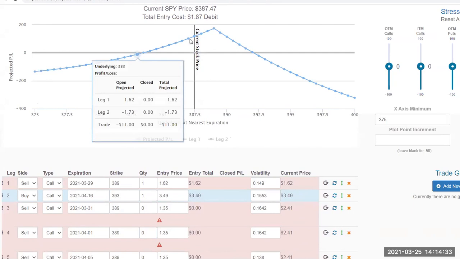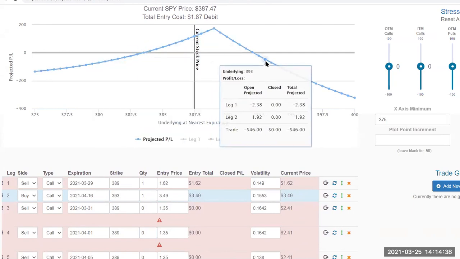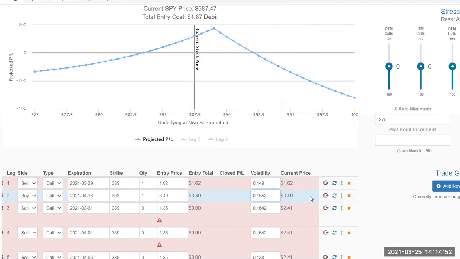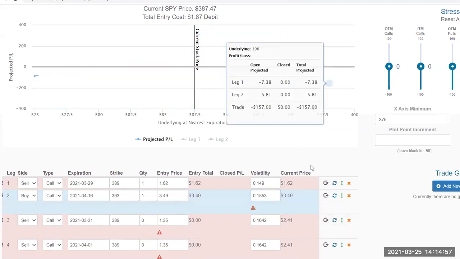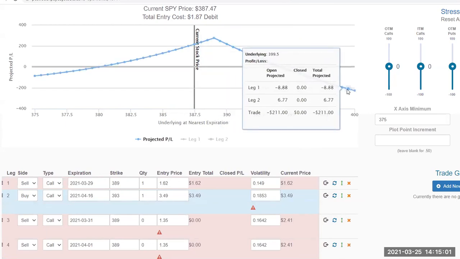If the market moves up to, let's say, 392, 393, I might be losing $50. That's not a beating. Even if it moves way up here, it's actually going to be something like that. But let's say it moved way up here to 400 and I lose $200 on the trade. Is that a beating?